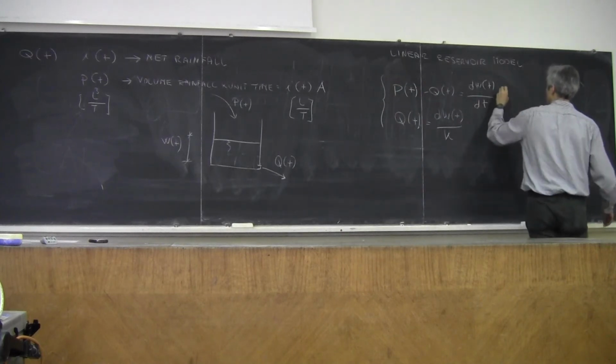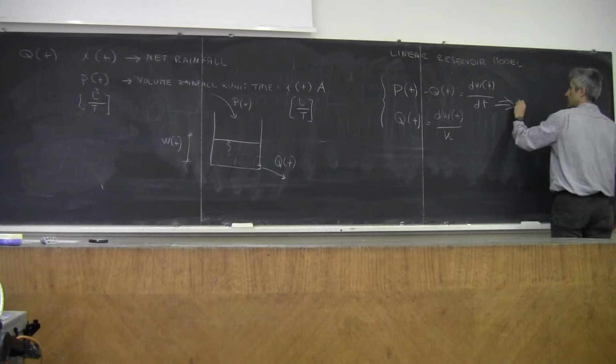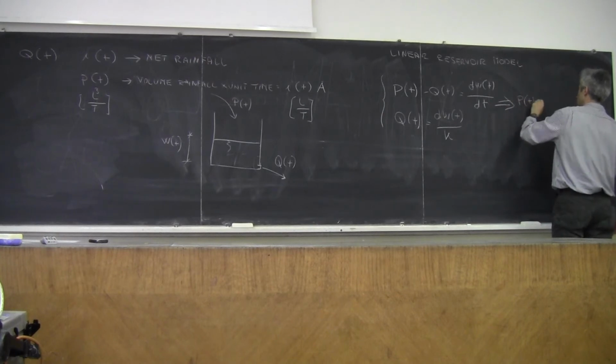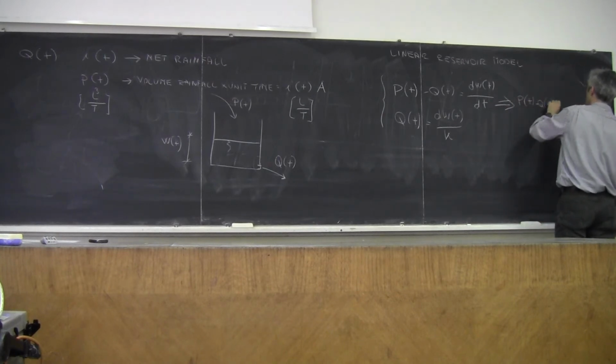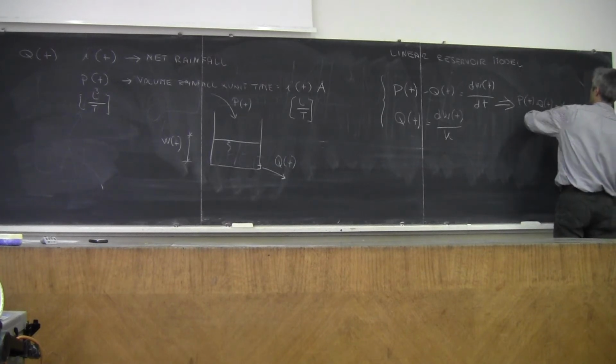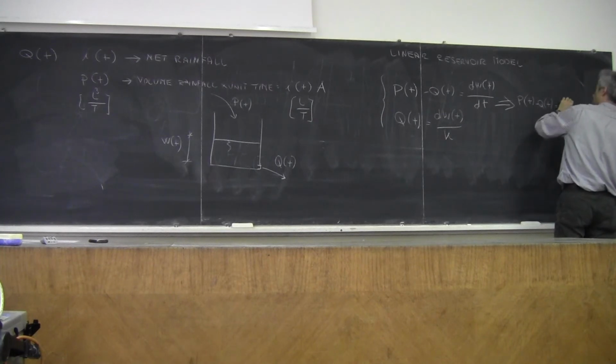So these two can be combined to give Pt minus Qt is equal to k dQt over dt.